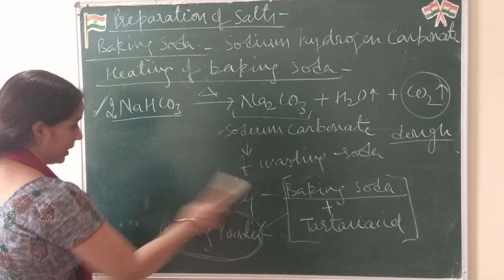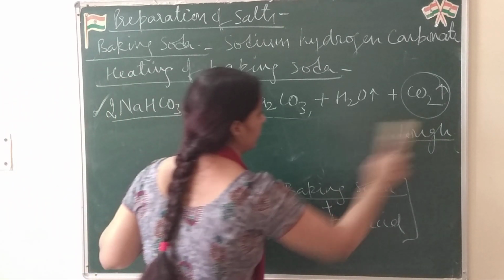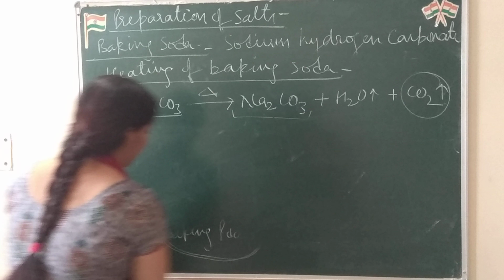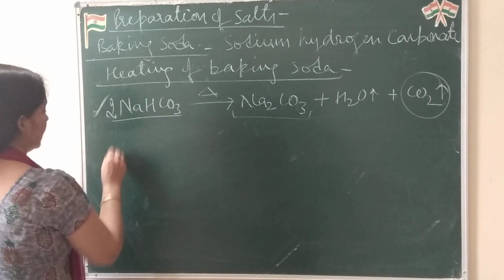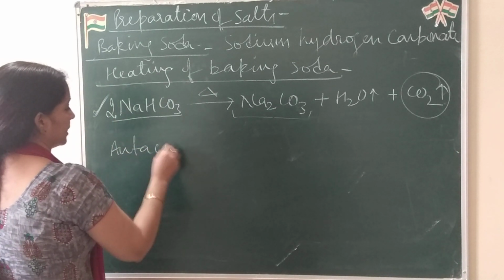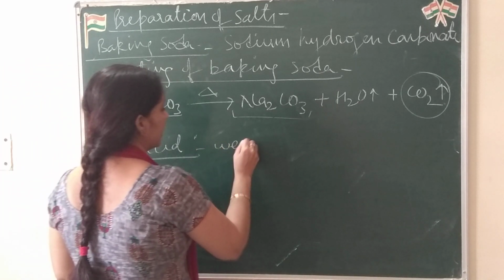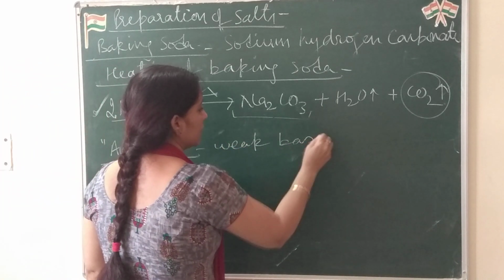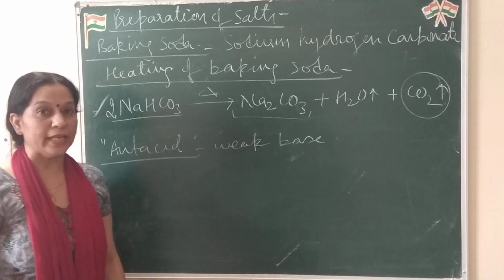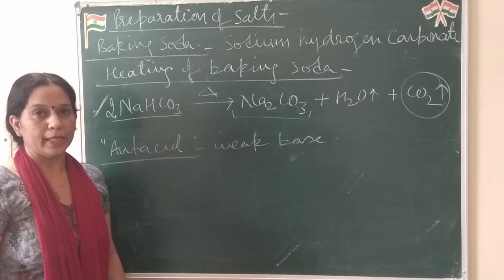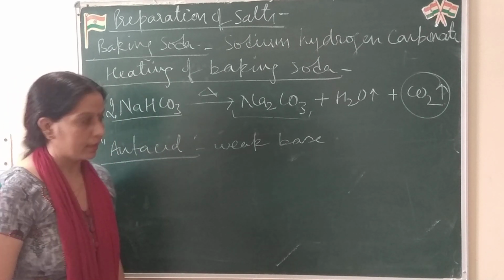Apart from this, there is one more very important role of baking soda: it is used as an antacid. An antacid is a chemical, a kind of weak base, which is used to get relief from the pain and irritation of acidity in the stomach.